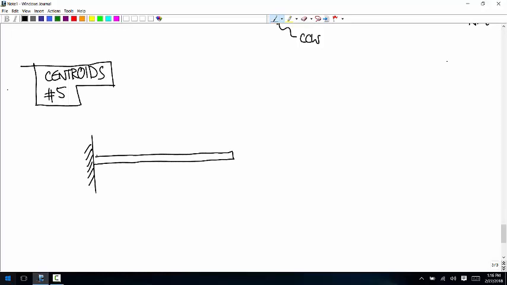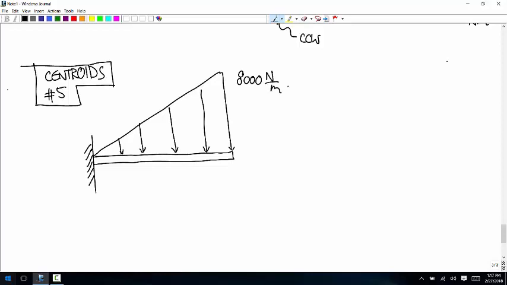So we have this beam. We have a distributed load with a maximum of 8,000 newtons per meter. And the length is 1.5.